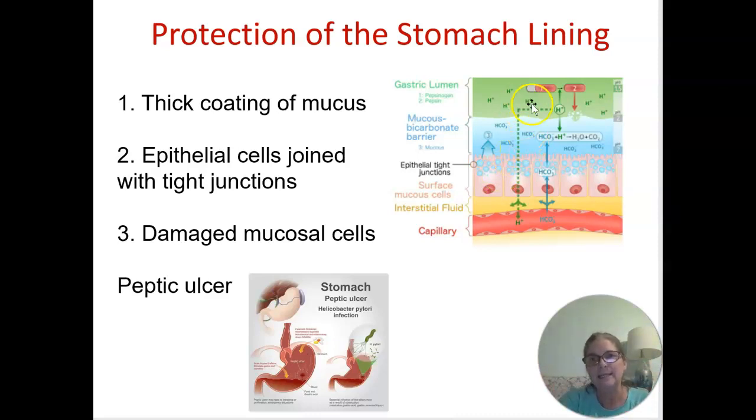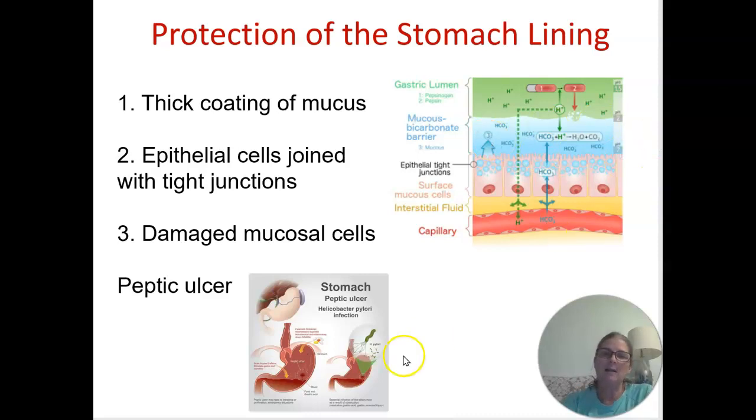So that doesn't allow any of that hydrochloric acid to come between those cells. So we have our mucus, we have our tight junctions, and then if any of these cells are damaged, they're replaced very, very quickly. The lining of your stomach has a very high mitotic rate. I've read that the whole lining of your stomach is basically changed over every 3 to 5 days. You have a brand new stomach lining. So very fast mitotic rate.